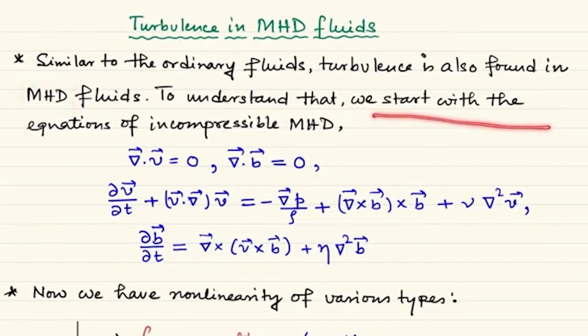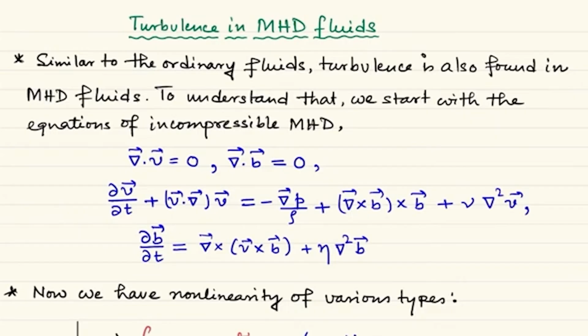So to understand what the features of an MHD turbulence are, we have to start from the basic equations of MHD. Again, as we did in the case of hydrodynamic fluid, we will just consider an incompressible fluid, because incompressible fluid turbulence is much easier to handle and much easier to see what is happening. The phenomenology is much easier, or much more concrete, to discuss.